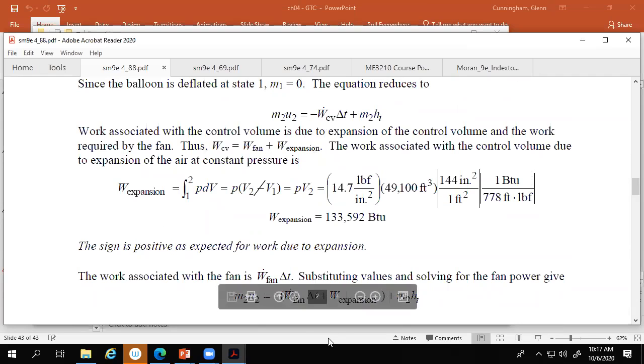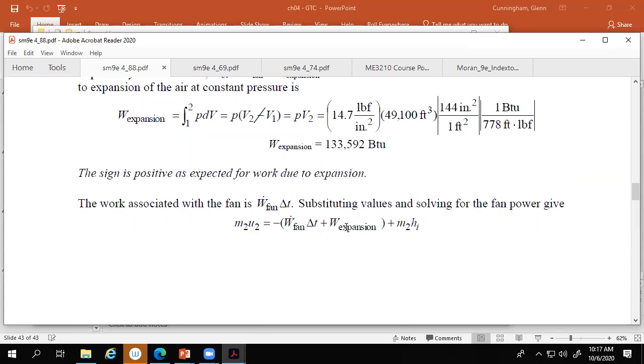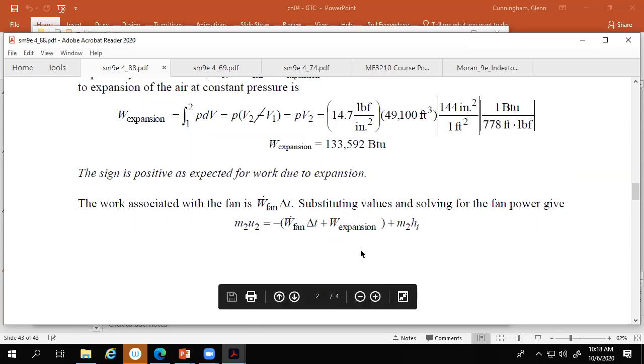So the W dot fan times delta T is an amount. This is an amount, this is an amount, and the W is already an amount. So we're okay on amounts versus rates. You got to be careful with that.